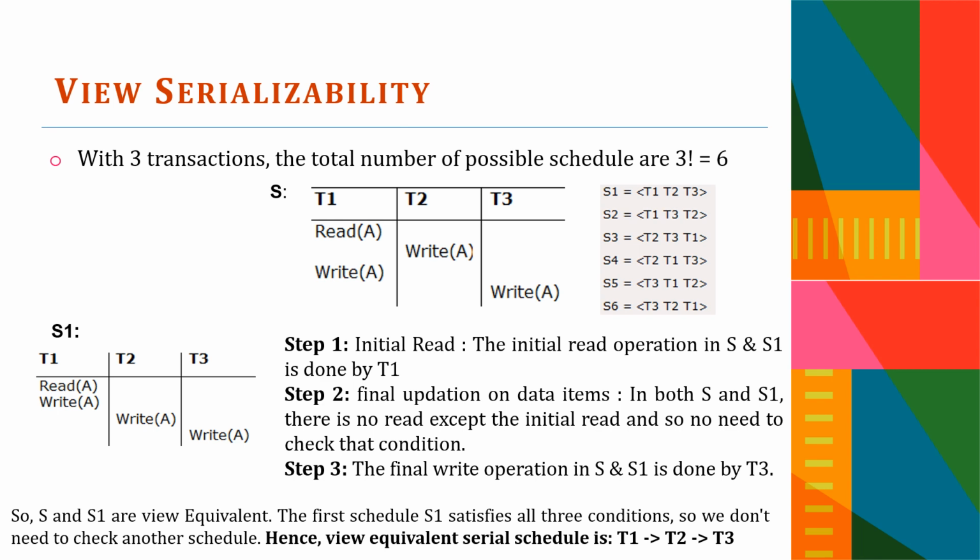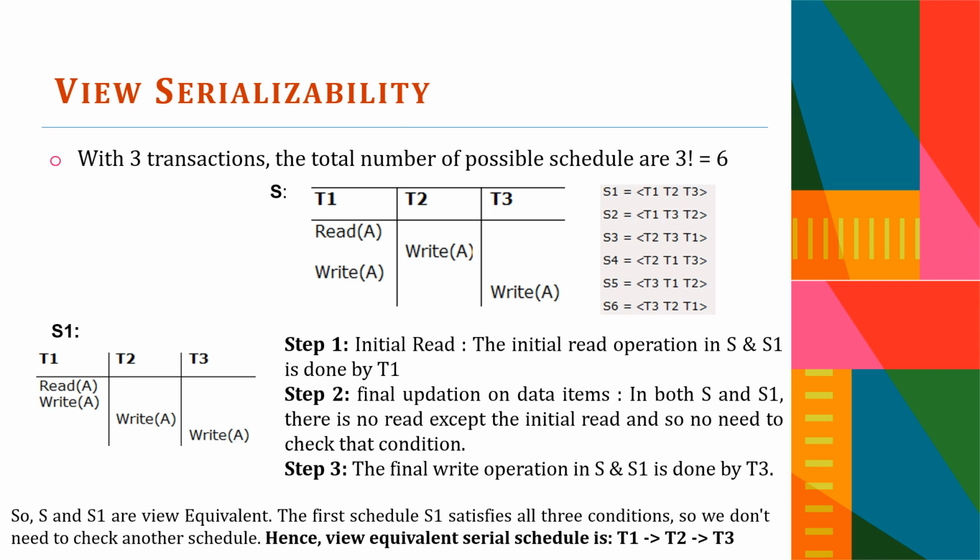The second step is updated read. In both schedules, we have only one read, that is the initial read. So in both S and S1, there is no read except the initial read, and no read operation which is reading an updated value, so we do not need to check that condition. In the third step, the final write operation in S as well as S1 is done by the transaction T3.